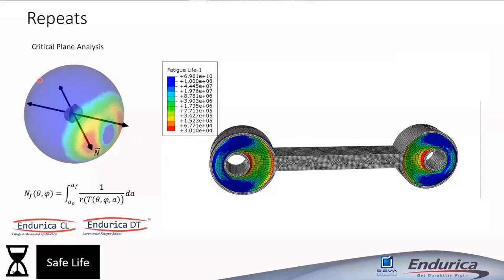In this case, instead of calculating safety factor for all of the different possible crack orientations, we're calculating the fatigue life of each crack orientation. That fatigue life is calculated by integrating the crack growth rate law from the initial crack size to the end of life crack size. And the plane that minimizes the life is the predicted failure plane.